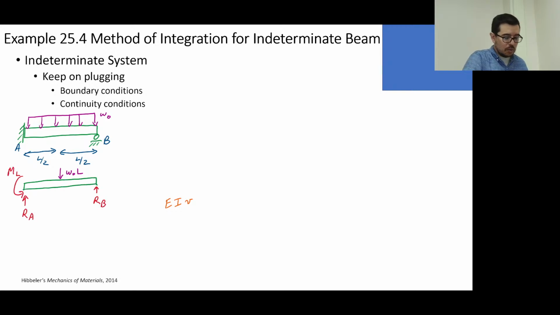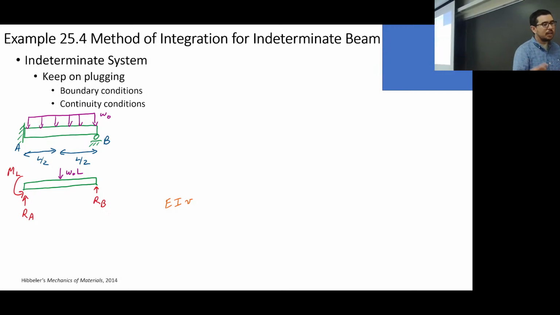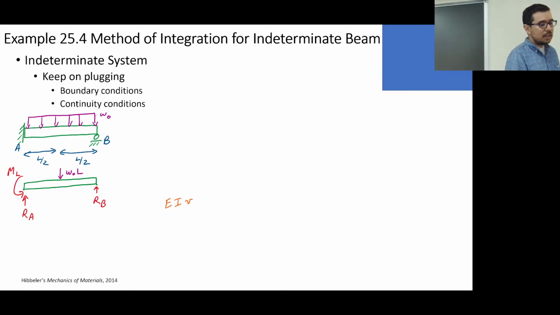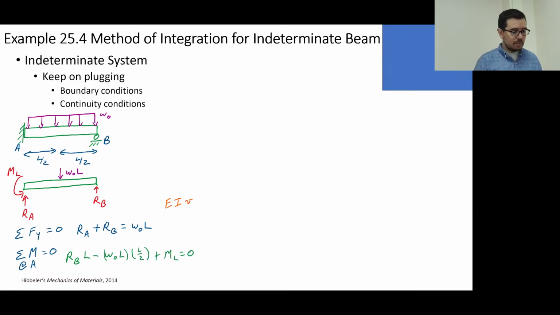Okay. So here, obviously this is an indeterminate system. It's indeterminate with degree 1. Okay. And we can do our first step, which is external equilibrium, and then we've got some equations.